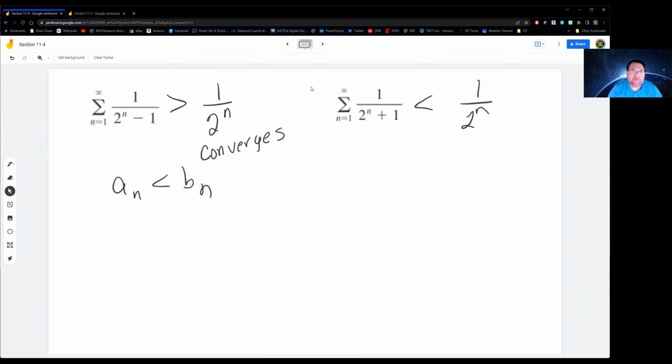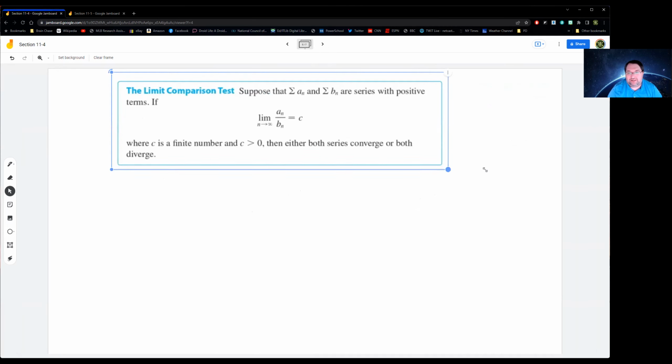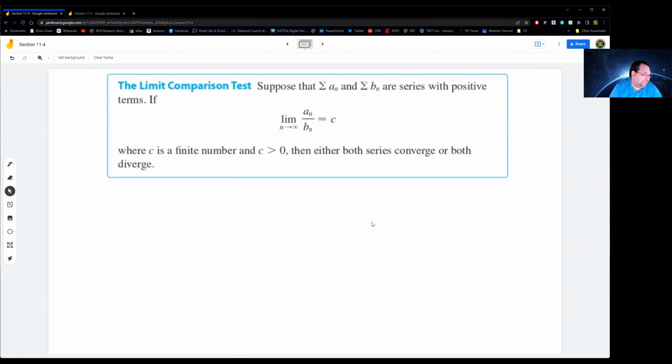So we have what's known as the limit comparison test. What the limit comparison test does is we're going to take both the AN and the BN, as long as they are both series with positive terms, so they can't go negative. We're still only dealing with positive terms, and we looked at that even in the other problems. They had to be positive terms.